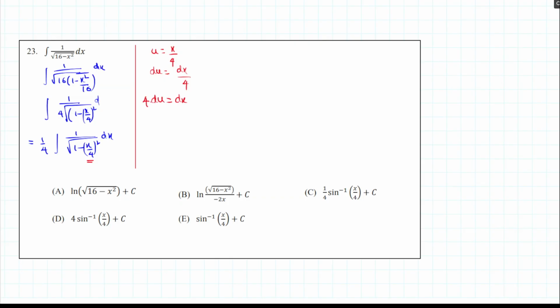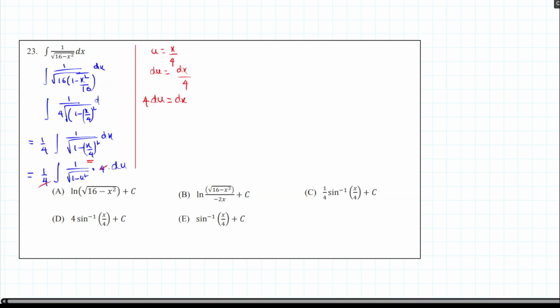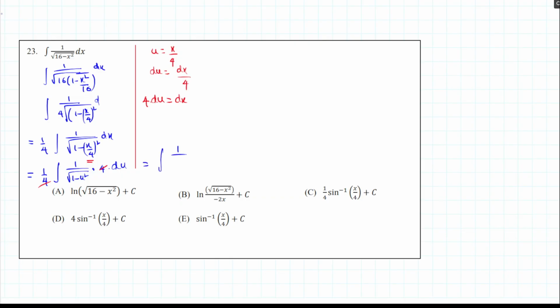Now we can rewrite this integral as 1/4 integral 1 over square root of 1 minus u square, and dx can be written as 4 times du. Now you can see this 4 and 4 get cancelled, and this is equal to the integral 1 over square root of 1 minus u square du.